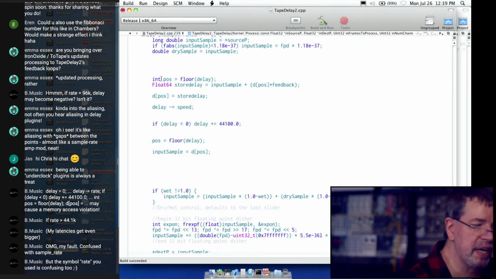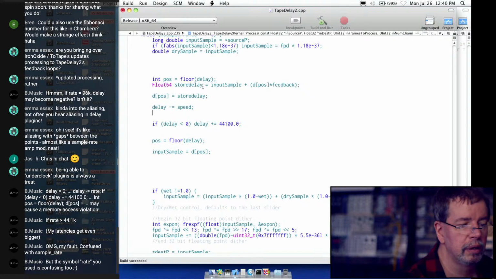We're instantiating it here so we can do anything we want to it while we're fooling with it. Like we're placing the new value in here, and store delay is the new target. That's actually a problem too.